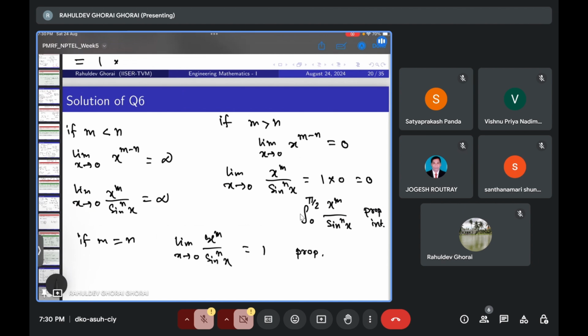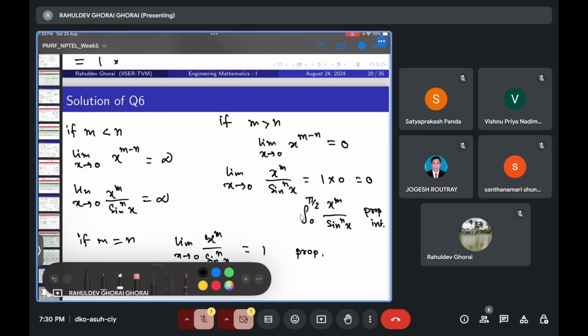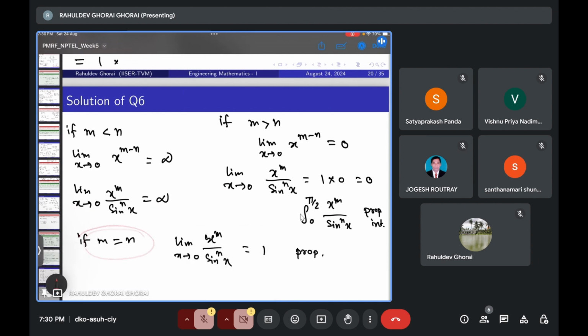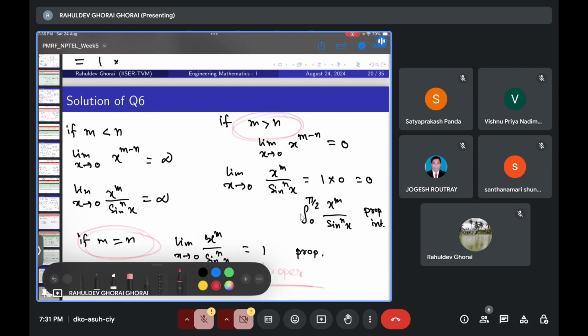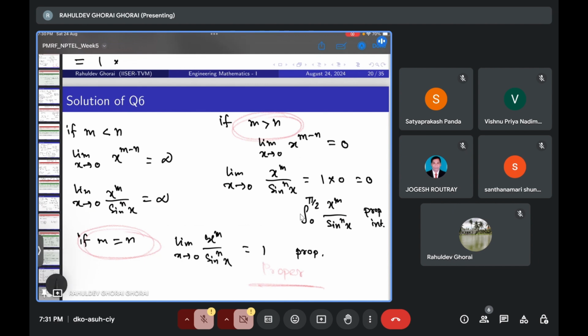So when m equals n or m is greater than n, it is a proper integral. But a proper integral means it is convergent, so we don't need to say more. So when m is greater than or equal to n, that will be convergent. That's not an issue.